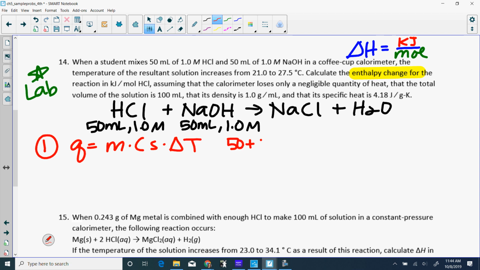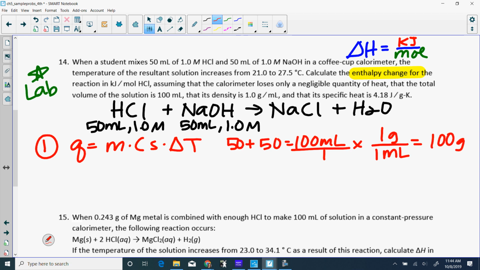We have 50 milliliters plus 50 milliliters equals 100 milliliters, and the density of water is 1 gram per milliliter. So that means it's going to weigh 100 grams. So now I know m equals 100.